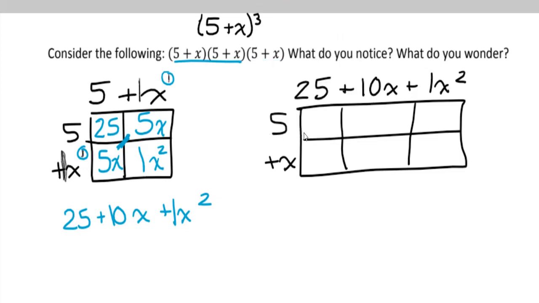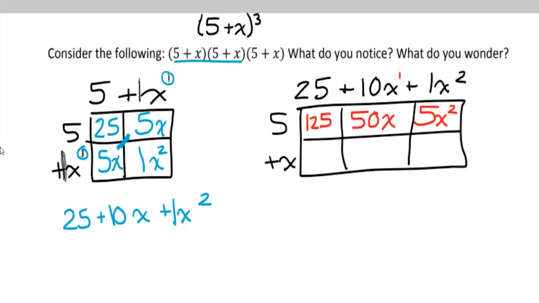5 times 25 makes 125. Luckily I have my answer key in front of me so I don't have to do this on my calculator. 5 times 10 is 50 with just an x with a first power, so nothing's going to get added to that. 1 times 5 is 5. Again, no exponents to add, so I'm just going to leave it as x squared.